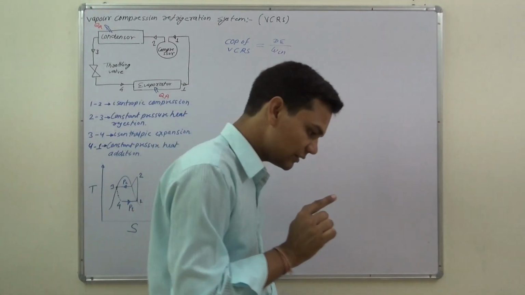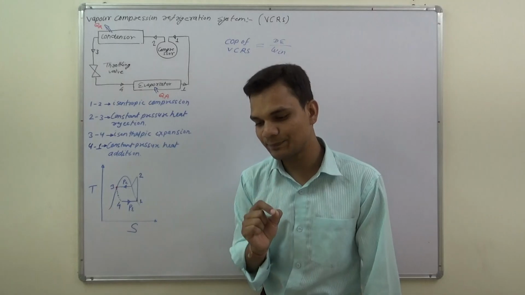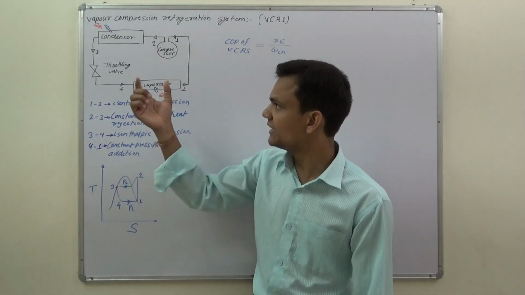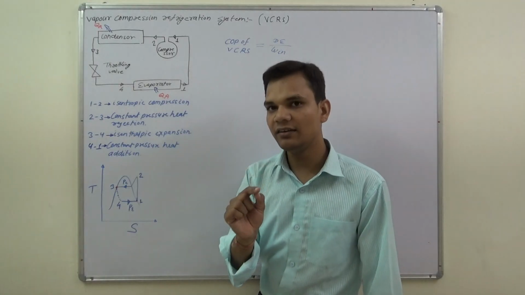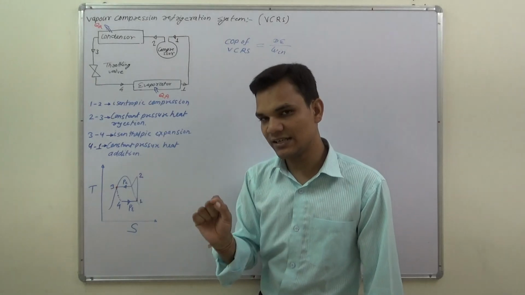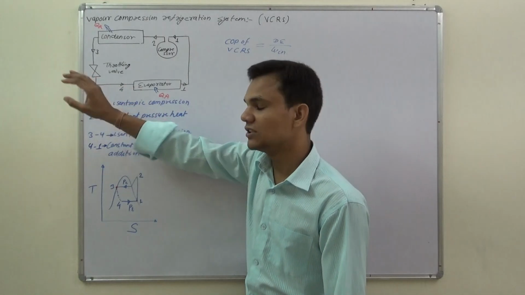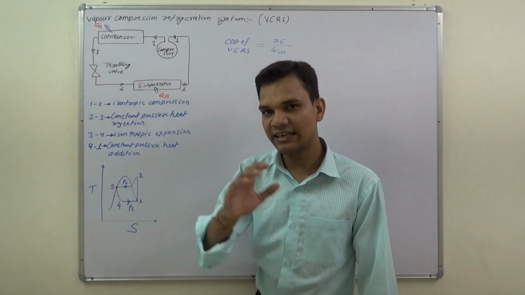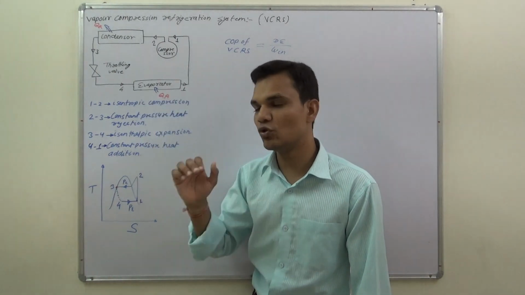But more information related to the throttling valve is that due to the throttling valve the cycle becomes an irreversible cycle. Means in the throttling valve friction takes place and due to this friction the cycle becomes irreversible, because we generate this friction to decrease the pressure of the working fluid from higher pressure to lower pressure.